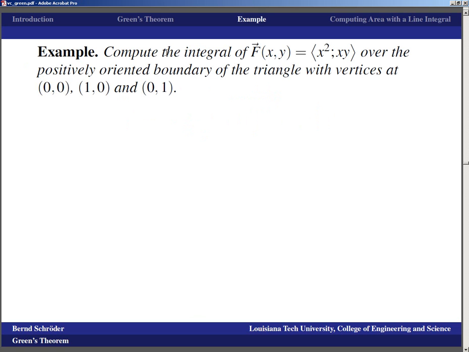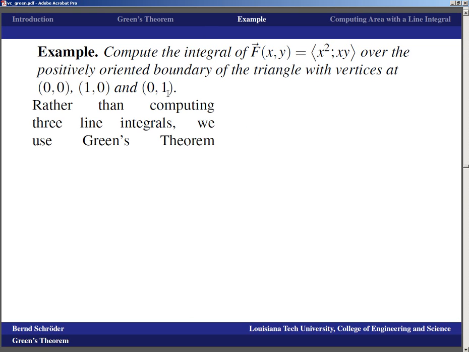So, as an example, compute the integral of the vector field F of x, y being x squared and xy over the positively oriented boundary of the triangle with vertices at (0,0), (1,0), and (0,1).